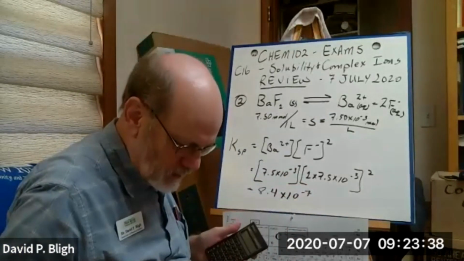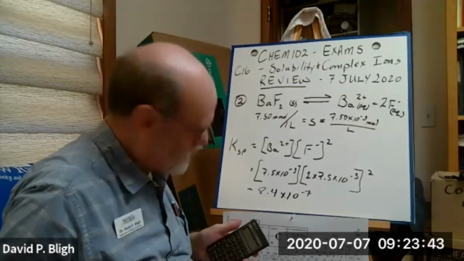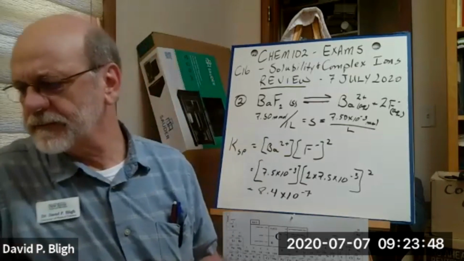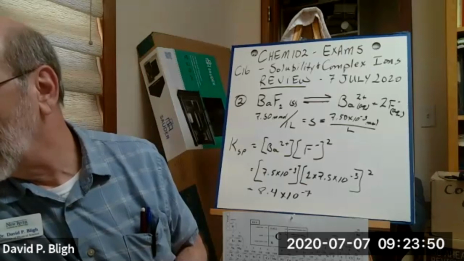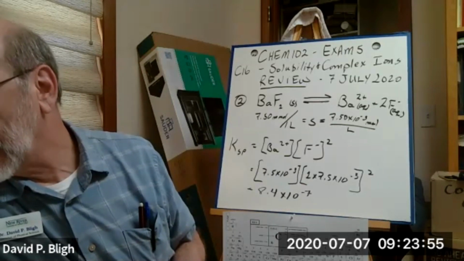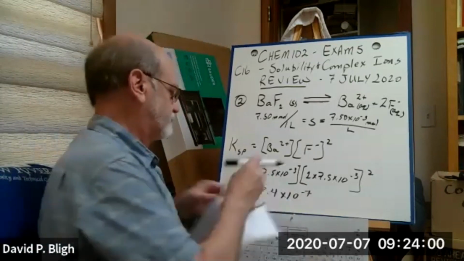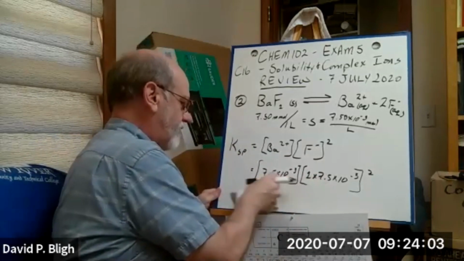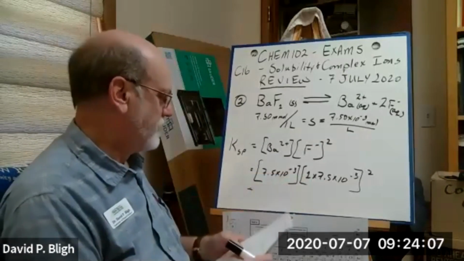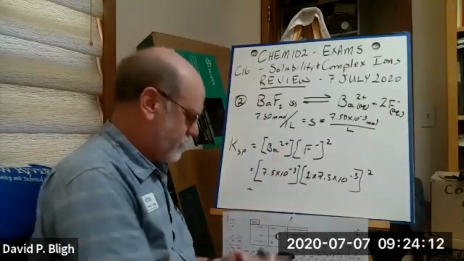Let's see, is that 1? I did something wrong. What did I do wrong? Ah, I know what I did wrong. I didn't square my 2. So let's do that first.